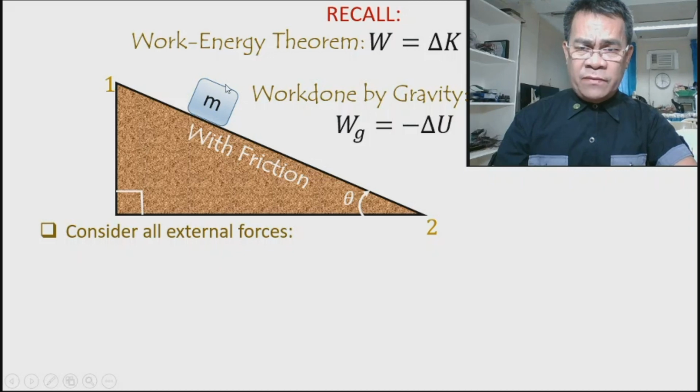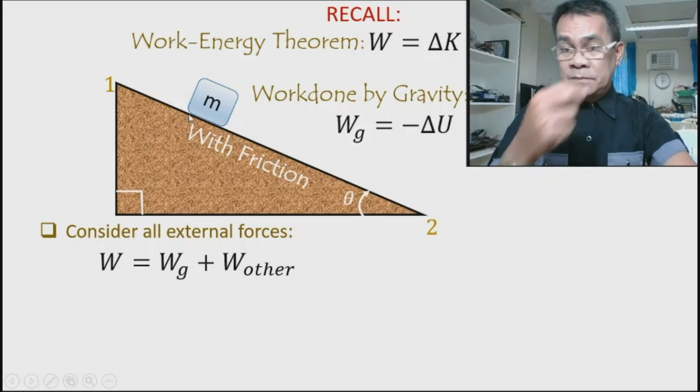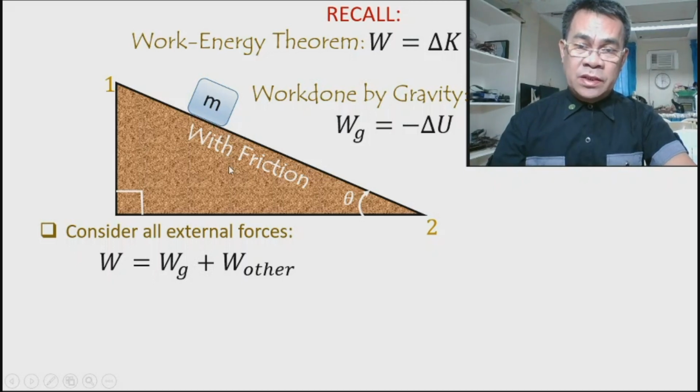If we consider all forces present on this object while moving from point 1 to point 2, then the work done by the system becomes not only for gravity; we will include the work done by the other forces. In this problem, this is only the work done by friction, but we can apply everything here.